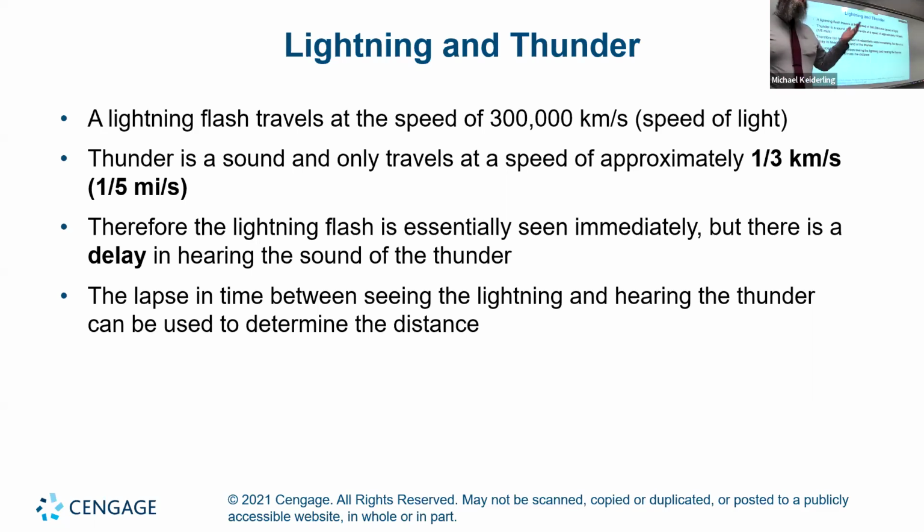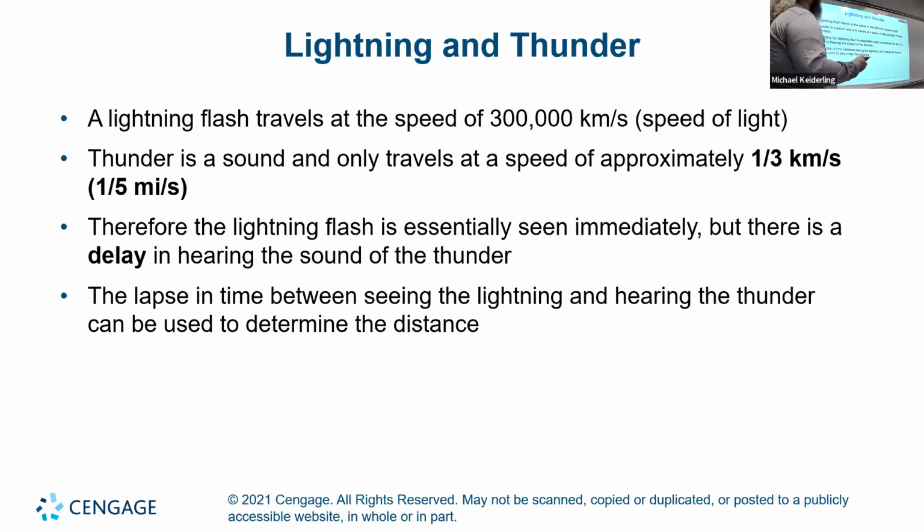So you can assume, for calculating roughly, that the lightning flash took 0 time to get to you and calculate just based on the speed of sound, which is about a third of a kilometer per second or a fifth of a mile per second.